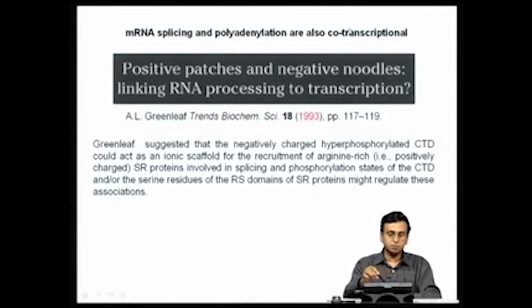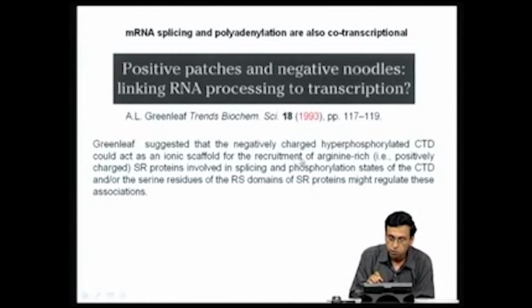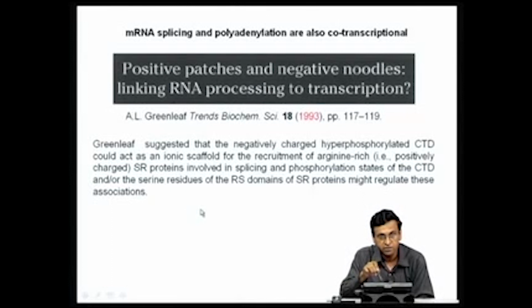Again, very elegant experiments were done. For example, here is a paper in 1993 where Greenleaf suggested that the negatively charged hyperphosphorylated CTD could act as an ionic scaffold for the recruitment of arginine-rich proteins called SR proteins, which are involved in splicing, and that the phosphorylation states of the CTD and the serine residues of the RS domains of SR proteins might regulate these interactions.